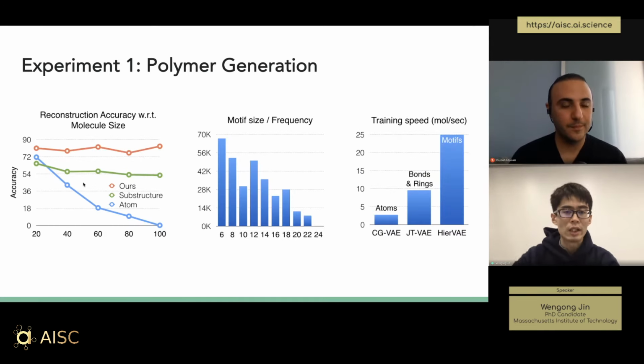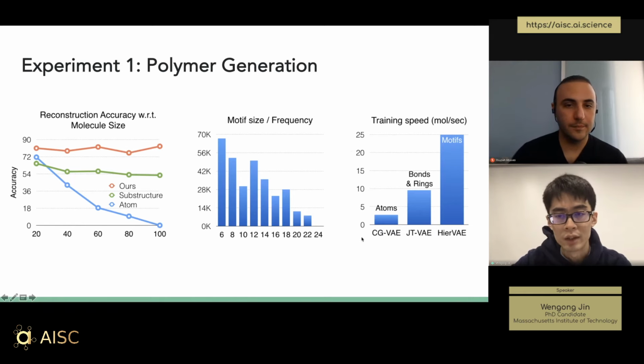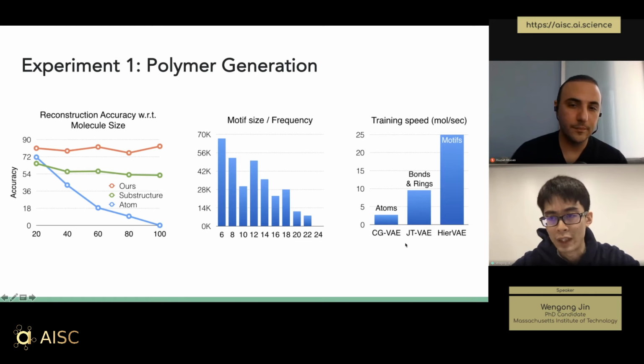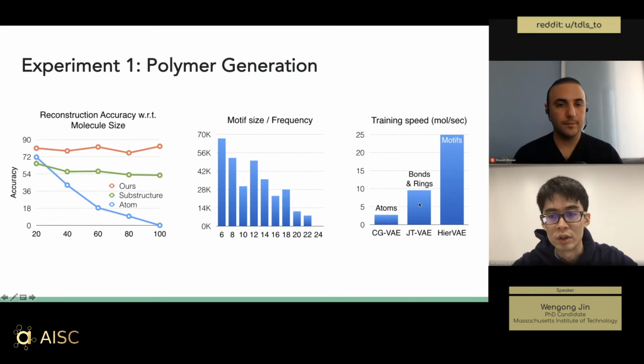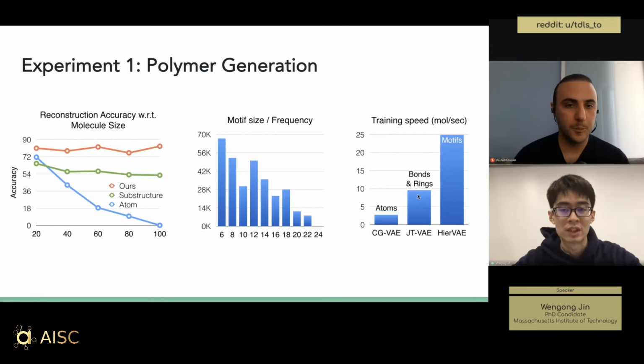Okay, so yes, I indeed bring up this speed issue. As you can see here on the far right, this motif-based method does actually train a lot faster than atom-based or these structure-based methods, because we generate molecules based on motifs, and we require much fewer steps to reconstruct a molecule.